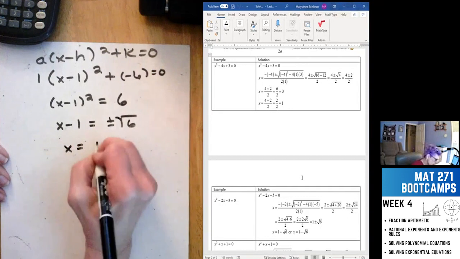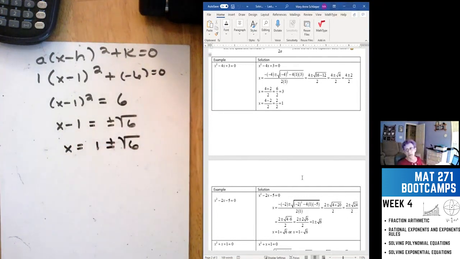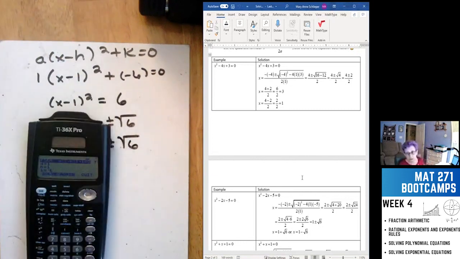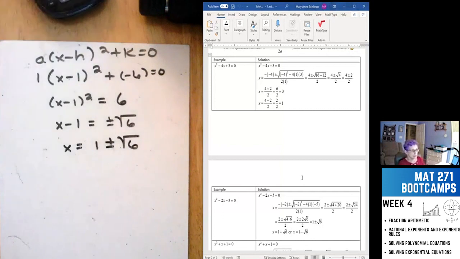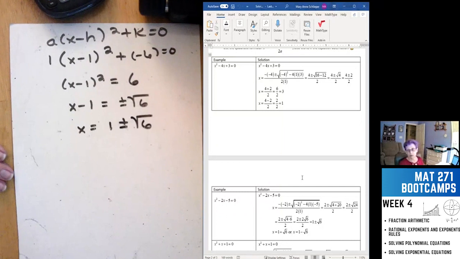So x is equal to 1 plus or minus the square root of 6. So your calculator is still your really good friend, even though it gave you those big, long, nasty decimal answers, you can still use it to get to that final exact answer that WebAssign wants.